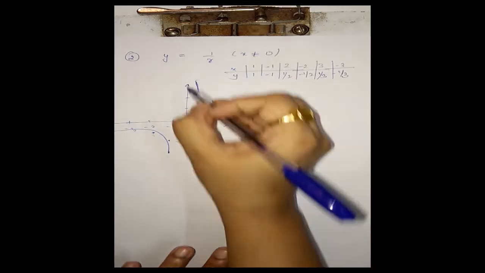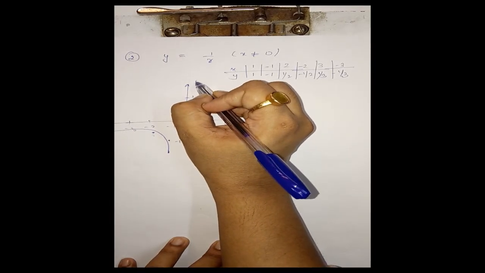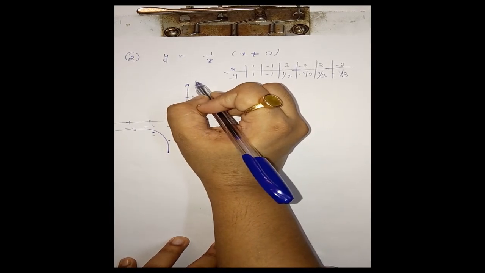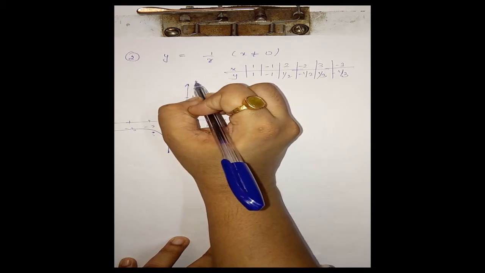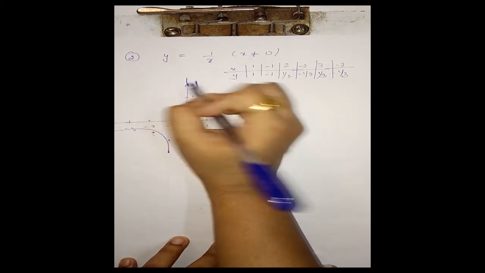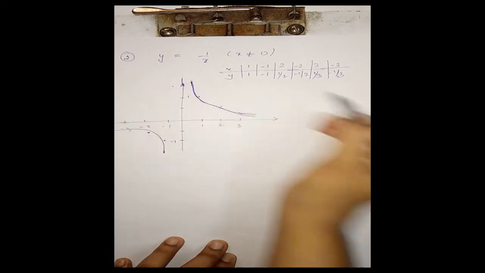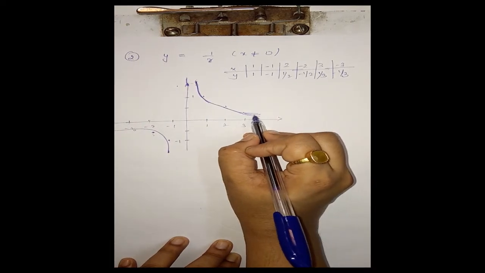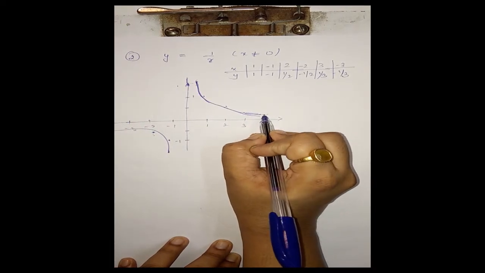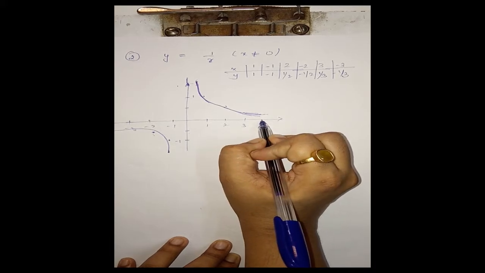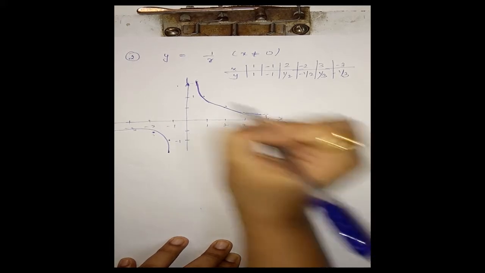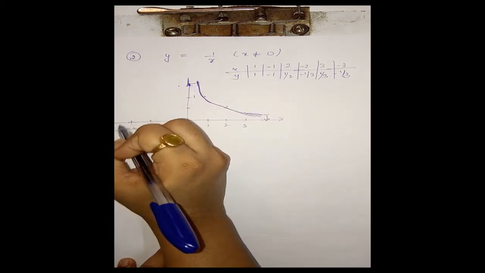Now from this graph it is clear that if we take any point here, the distance of this point to the y-axis tends to 0, and also the distance of any point on this curve to the x-axis tends to 0. Here also 0, here also 0, and the same way here also.